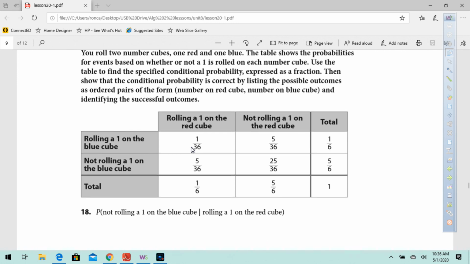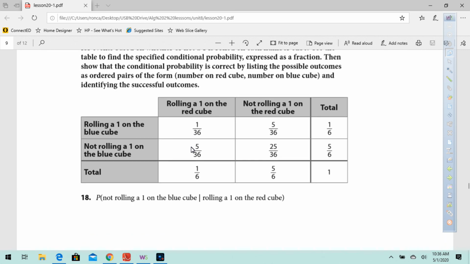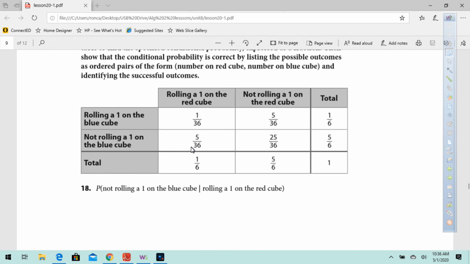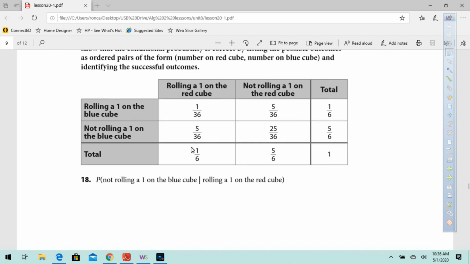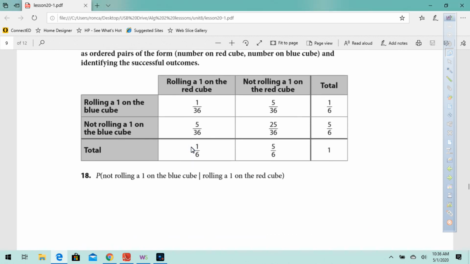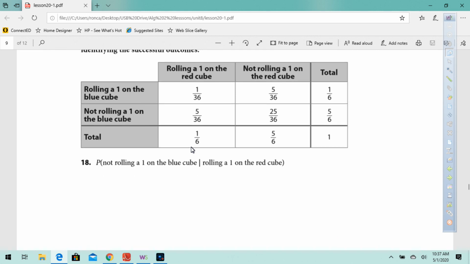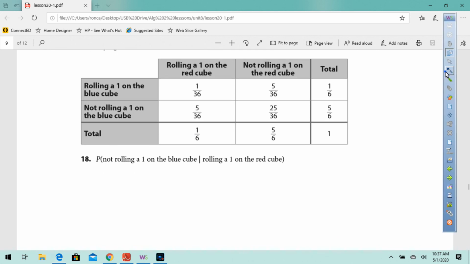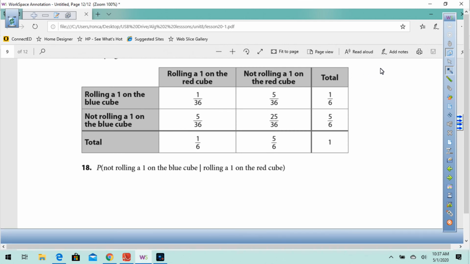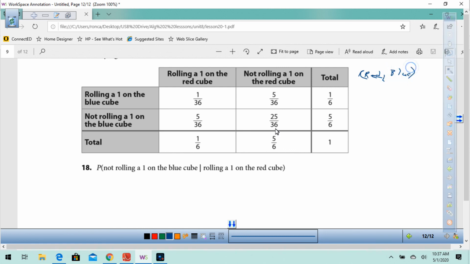Then show the conditional probability is correct by listing the possible outcomes as ordered pairs of the form, number on red, number on blue, and identifying the successful outcomes. Okay, so what do we got here? So I'm going to have probability of red, well, and then blue. That's the format it wants us to use.